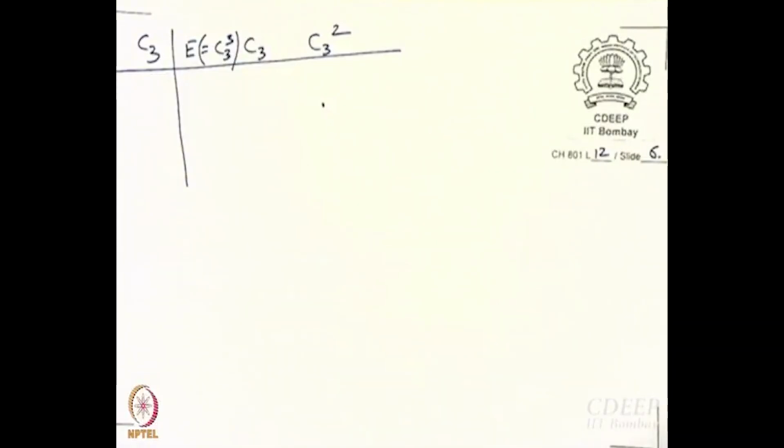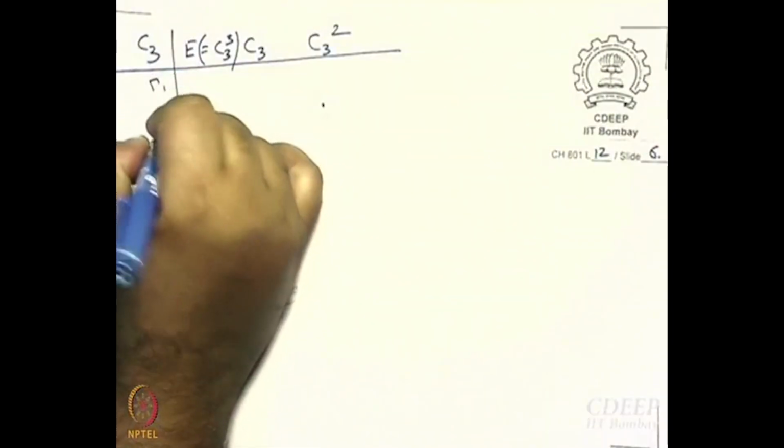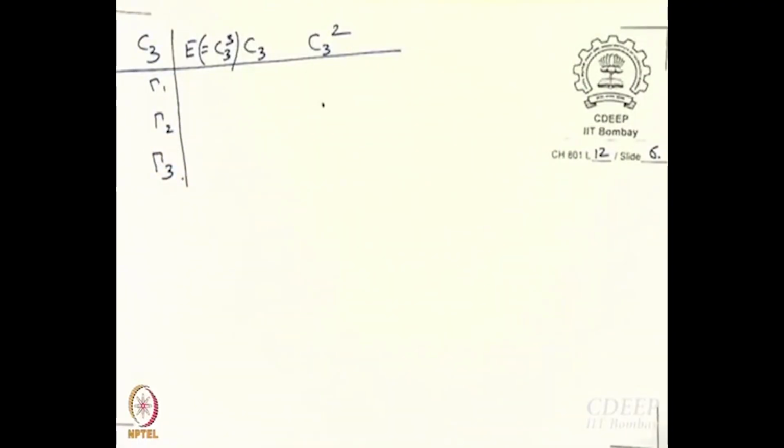Once again, cyclic group. So how many representations do we expect? 3. Every operation is a class by itself. So 3: gamma 1, gamma 2, gamma 3. And l1 square plus l2 square plus l3 square equals 3, which implies that l1 equals l2 equals l3 equals 1. So these are all one dimensional representations.